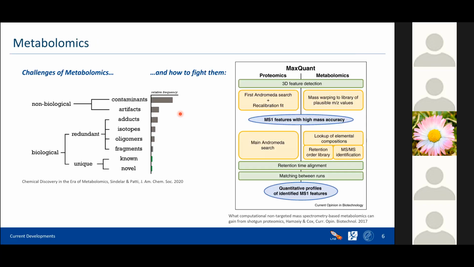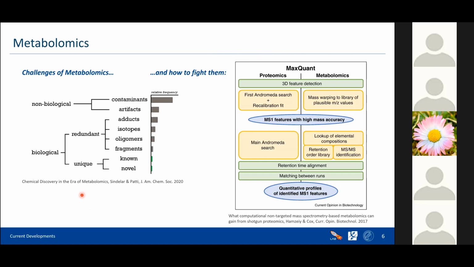Metabolomics also is kind of difficult compared to traditional bottom-up proteomics. I'll keep this short again, because you can see that our first opinion paper on that was published in 2017. So we have fought all these challenges of metabolomics for some time, and we're on a good way now, actually.